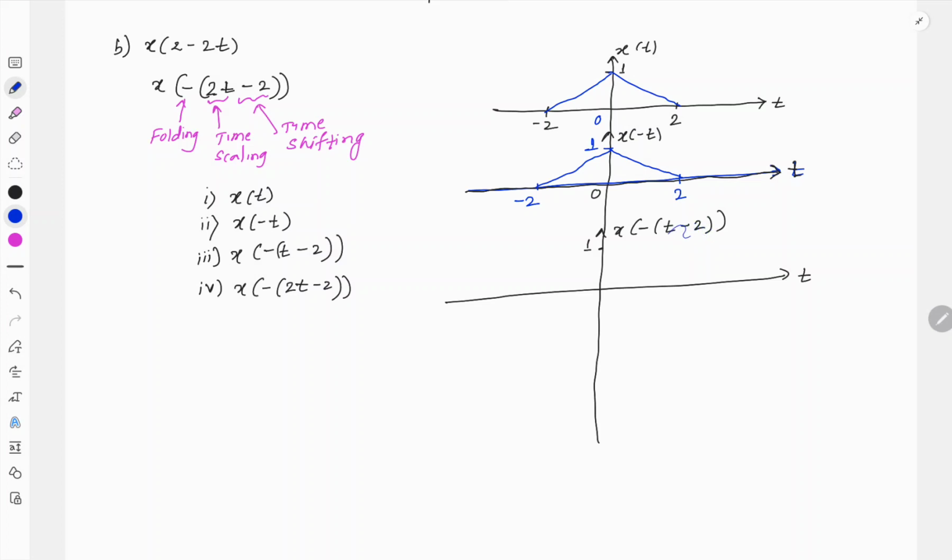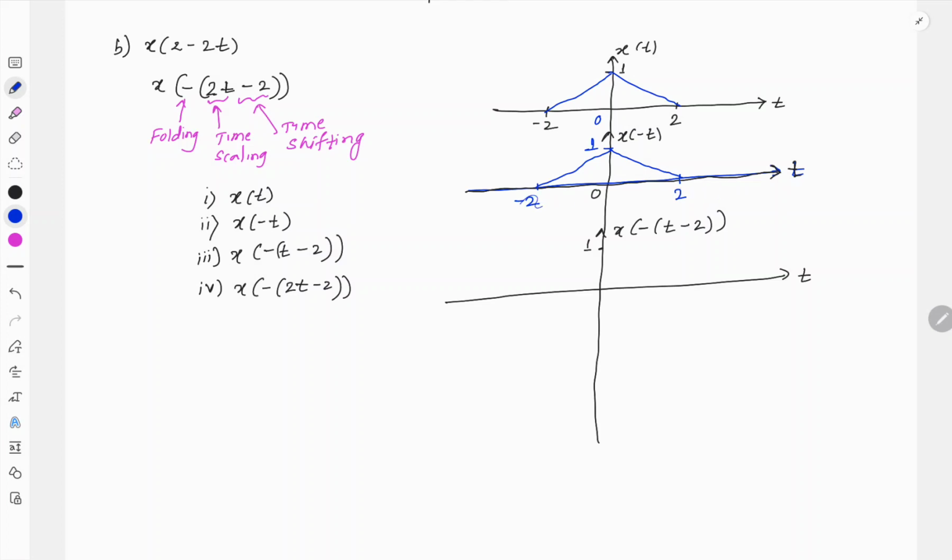So only adding minus 2 will shift your signal towards right hand side, which is towards your positive axis by amount 2. So this minus 2, 0 and 2 will be shifted towards right hand side by amount 2.